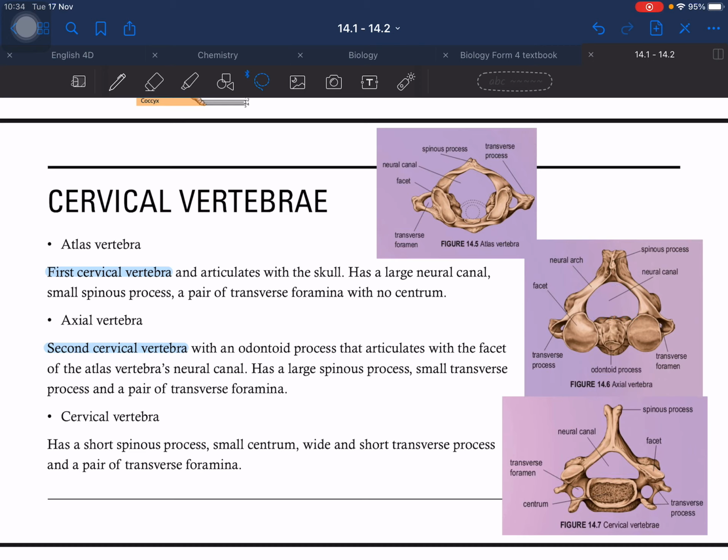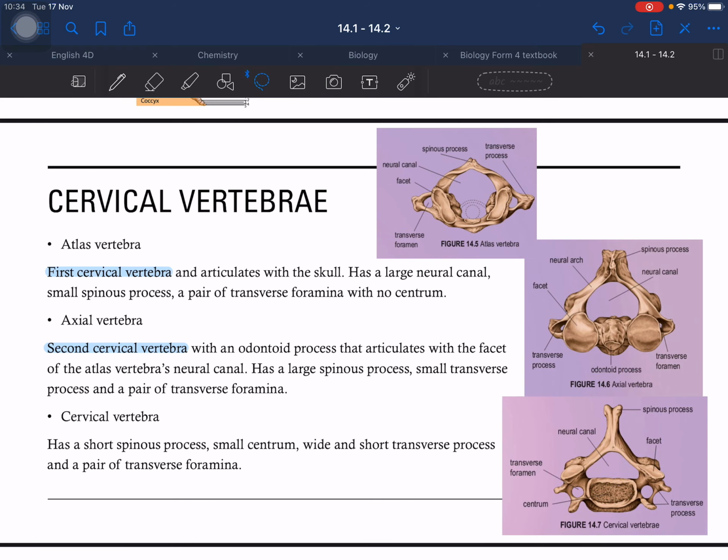And lastly, the cervical vertebra itself, they have a short spinous process. So this one, quite short. And then a small centrum. This is where, when you eat, what is that thing called? Bone marrow. Yeah, there we go. Inside is bone marrow as well.